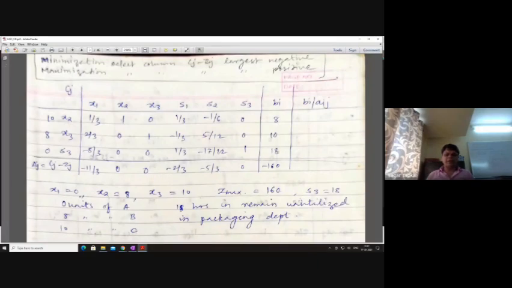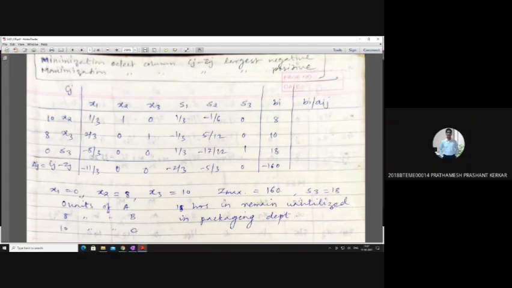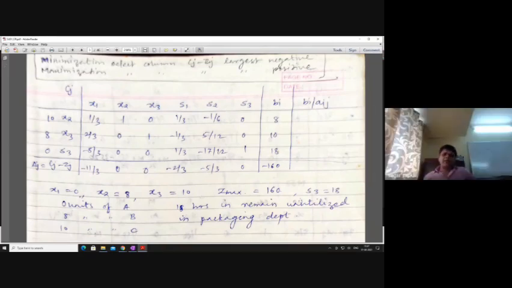Now one more thing is asked in that particular problem. What is the next statement? Anything else is asked in that problem? Read the next statement. Also determine whether any of the capacity remains unutilized.